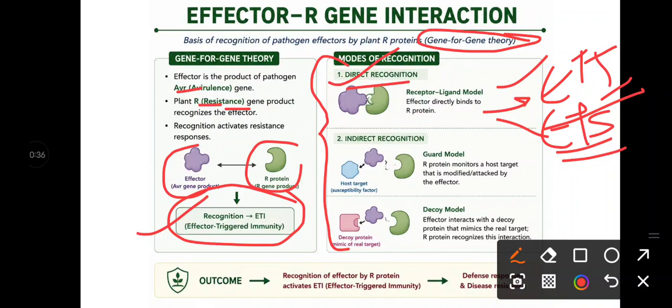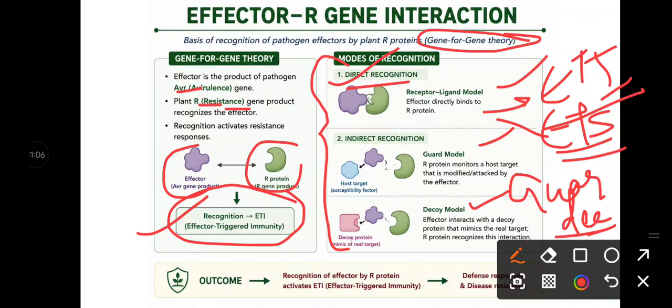Then the method of indirect recognition. It includes two models, the guard model and the decoy model. In the guard model, the R gene does not directly interact with the effector protein. Another protein, the guardee protein, is there, and it is guarded by the R gene.